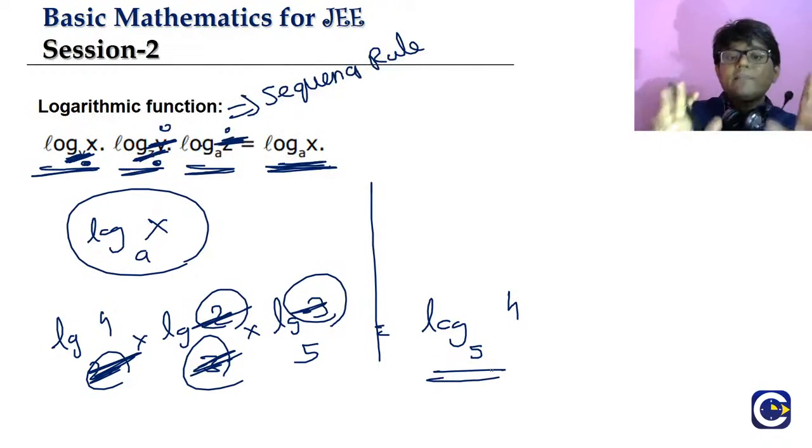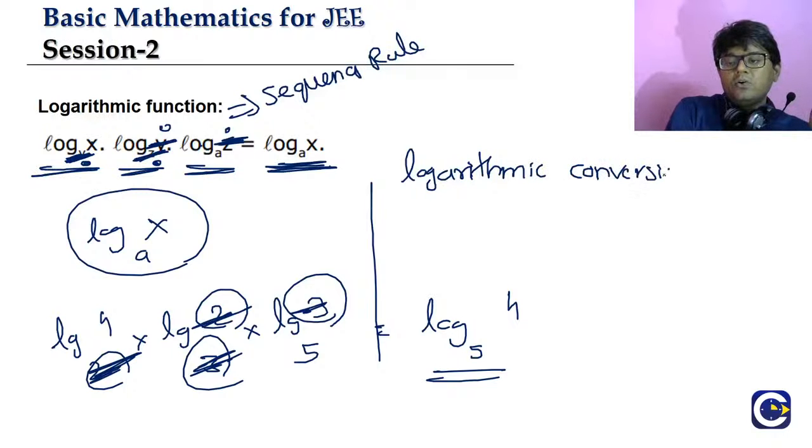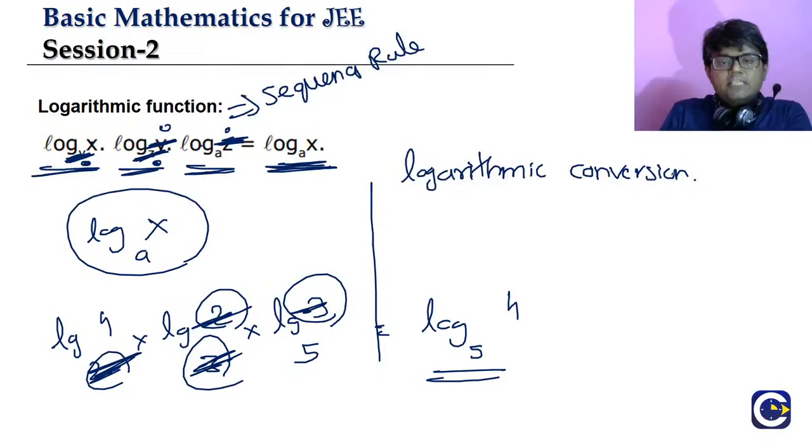Okay, the sequence rule will be useful for us. Why are we focusing on the sequence rule? It will be useful for us in the logarithmic conversion, from the natural logarithm to decimal logarithm or decimal to natural.